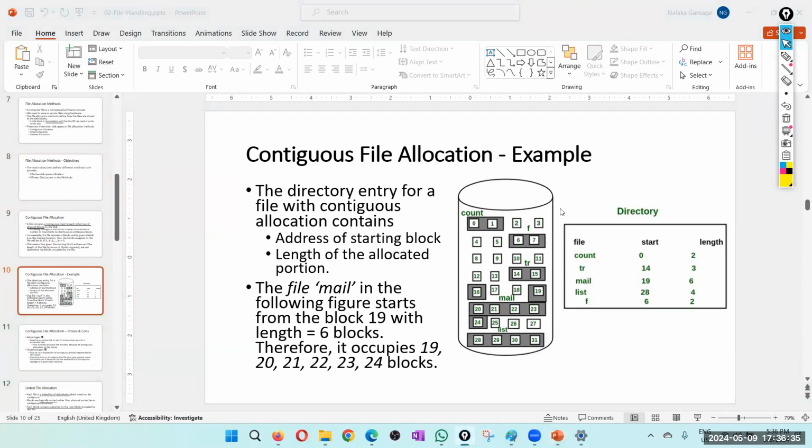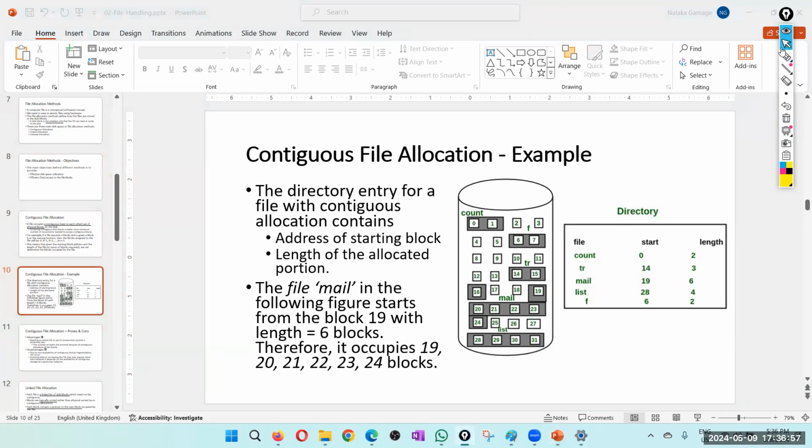Sometimes files saved in different blocks is okay for some files. This is a little bit of an advanced topic, but we don't go into that kind of very detailed understanding, because different file types have different requirements.